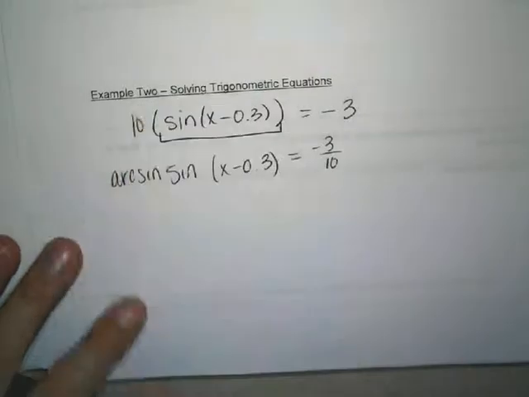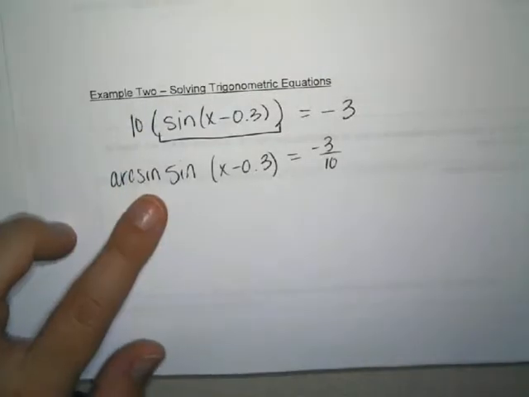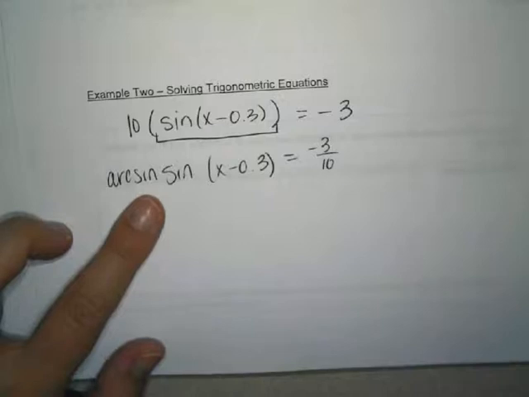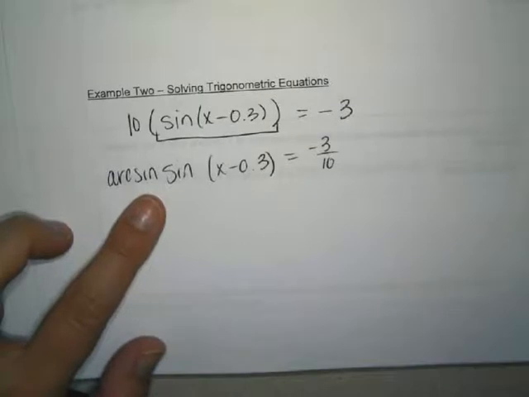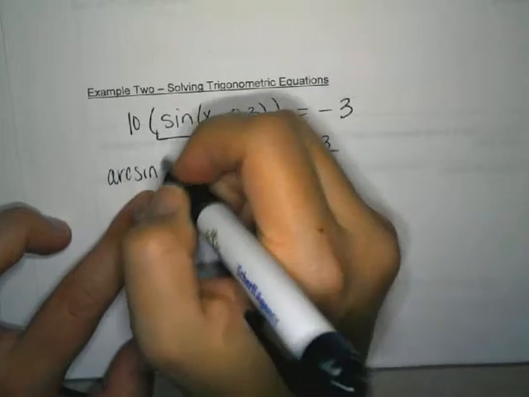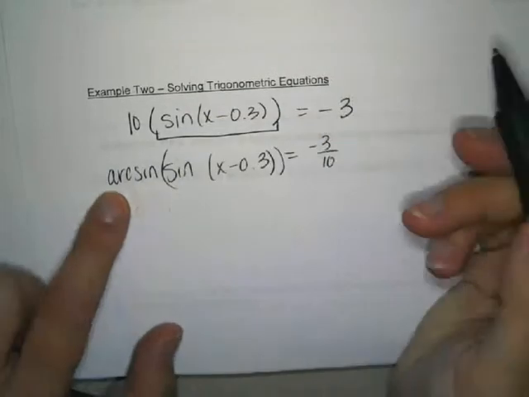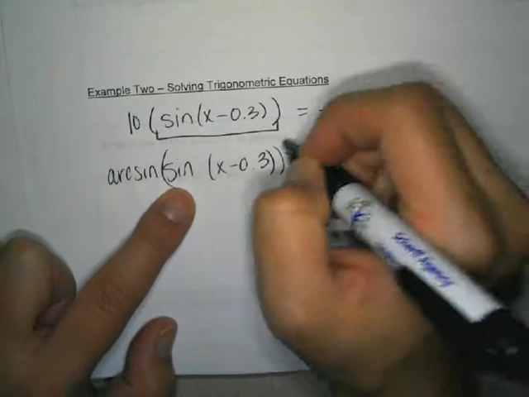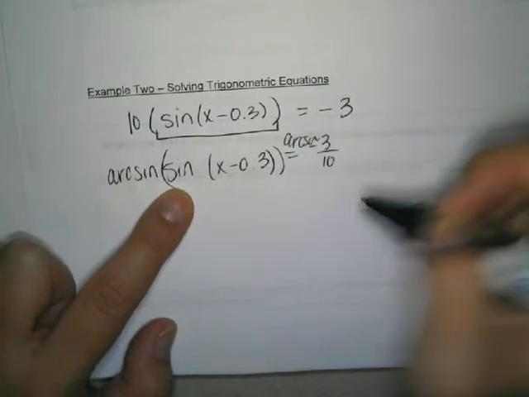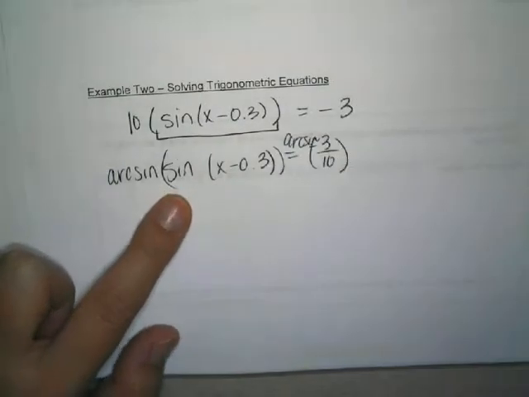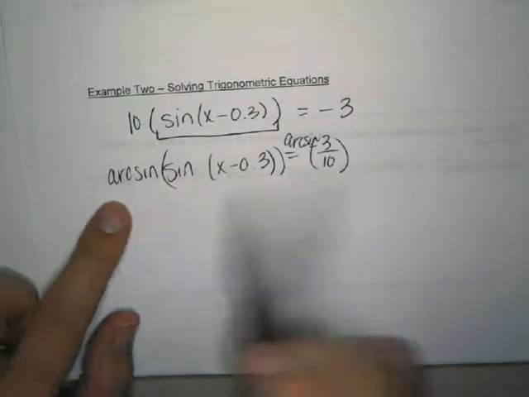So we have arc sine of sine, and we're going to take the arc sine of the other side. Is there an arc sine button? No. We're going to talk about that, though. So the arc sine does the same thing, because it's essentially the same thing as sine to the negative 1. It's going to cancel out your sine on the left side, giving you x minus 0.3. And then over here, we have arc sine of negative 3/10.